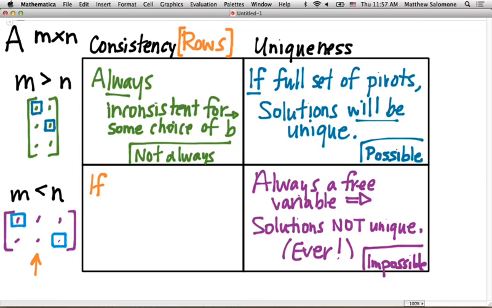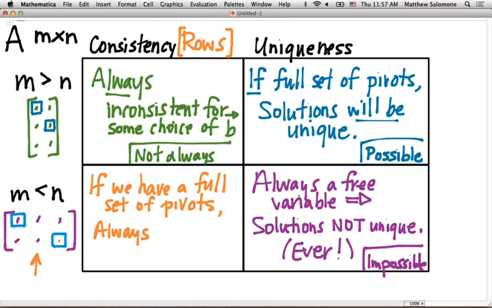There's a pivot in every row, therefore every equation has a bound variable in it. And so we don't get a 0 on the left-hand side after our row reduction. So we can't ever get 0 equals 12 or something like that in this example, if we have a full set of pivots. Then we're going to have a pivot in every row. And therefore this linear transformation is onto. Therefore, we will have a system of equations which is always consistent.